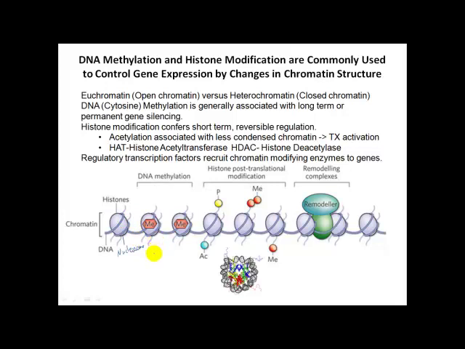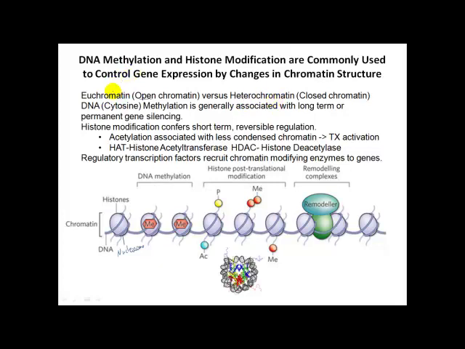So if we think about it, there are multiple states that chromatin can be in, and they range from a state where the chromatin is in a pretty open and uncondensed form to a form where the chromatin is more highly compacted and closed down. And so these two different versions of chromatin are referred to as euchromatin for the open chromatin state and heterochromatin for the closed or condensed chromatin state.